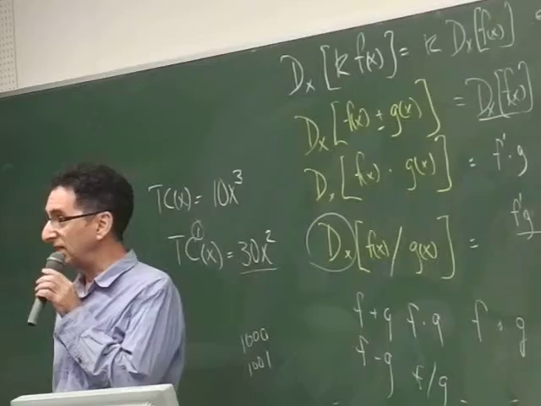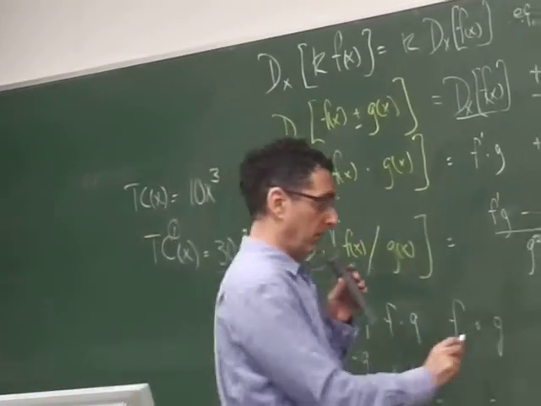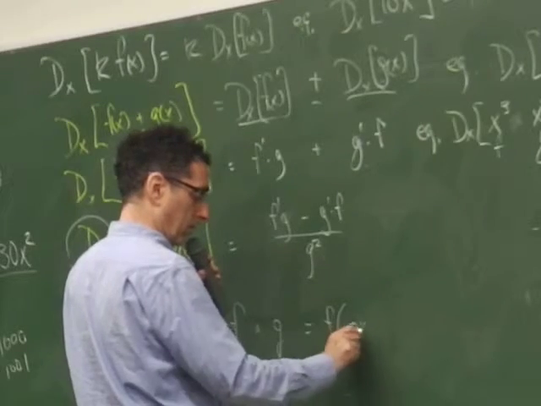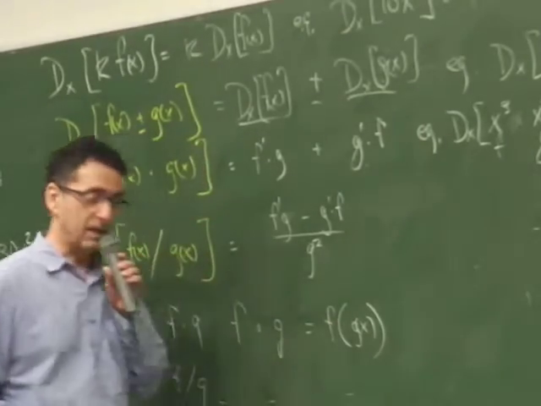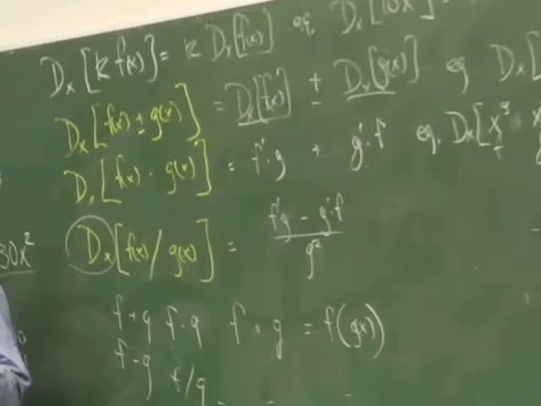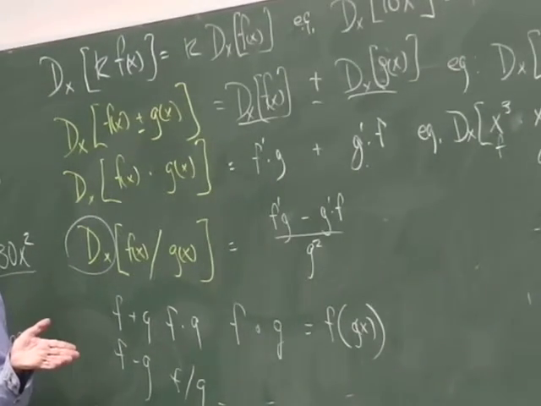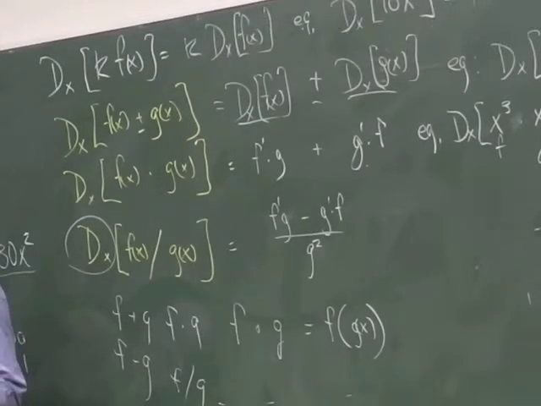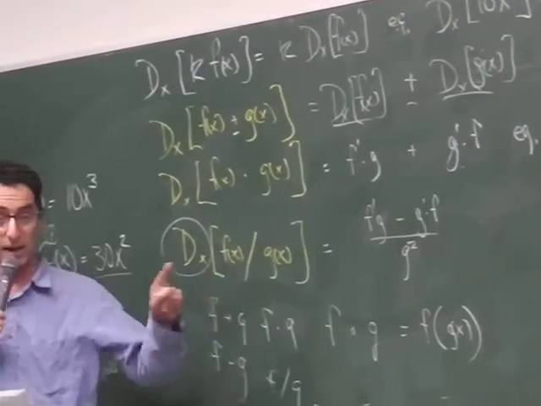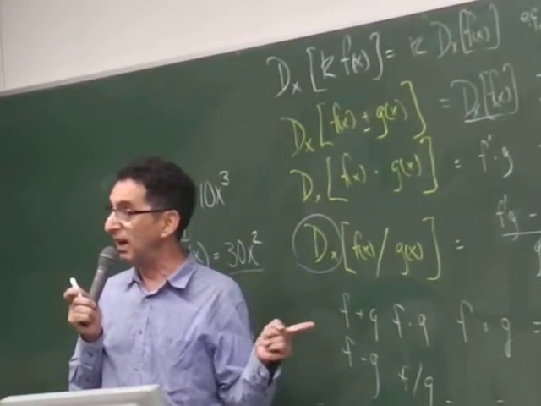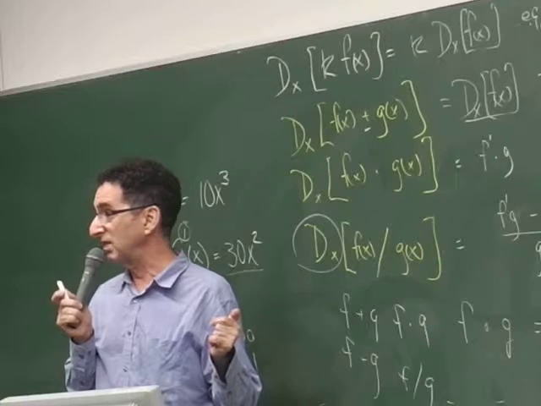And the meaning of it is: don't add, subtract, divide, or multiply f and g. This is putting g into f. That's different than multiplying f and g. It doesn't mean the same thing.